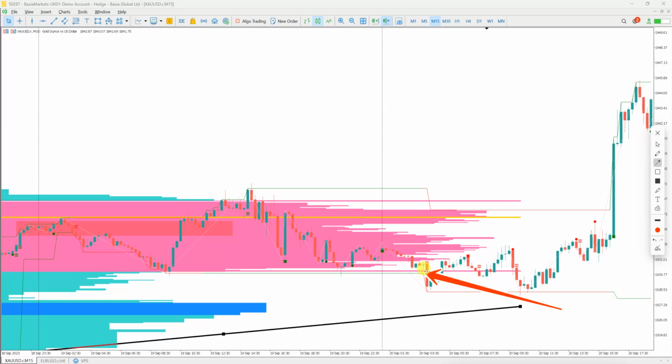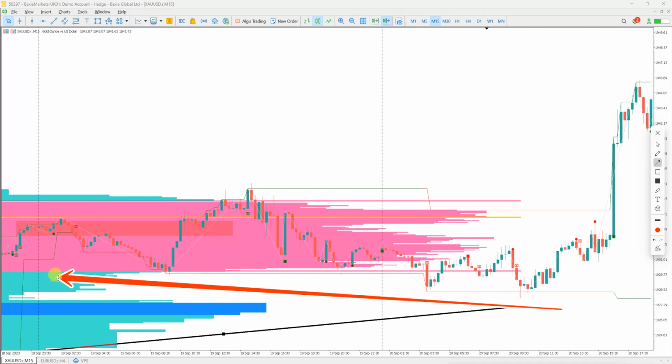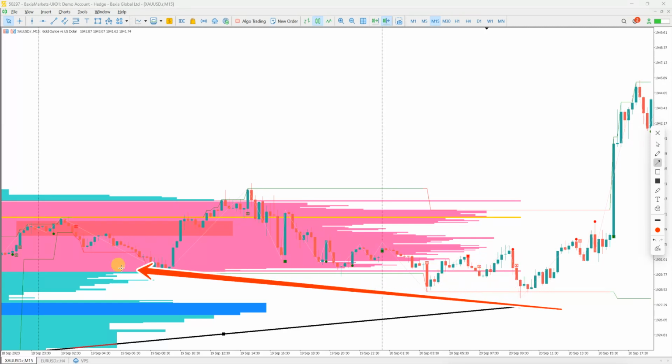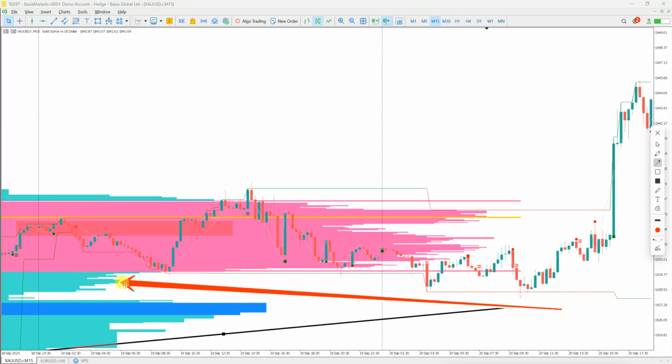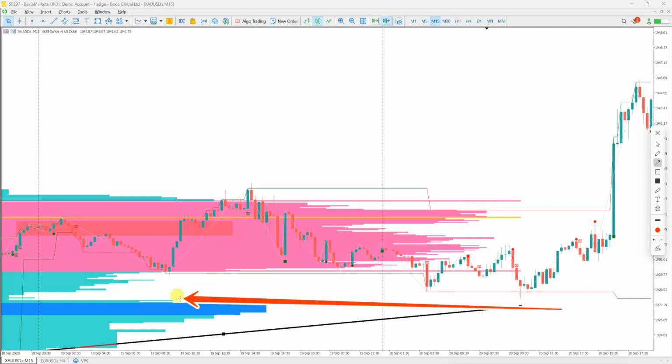Also notice that this bearish imbalance candle, fair value gap, appears inside the low value node. Okay, same like here, same here. It appears near or inside the low value node.